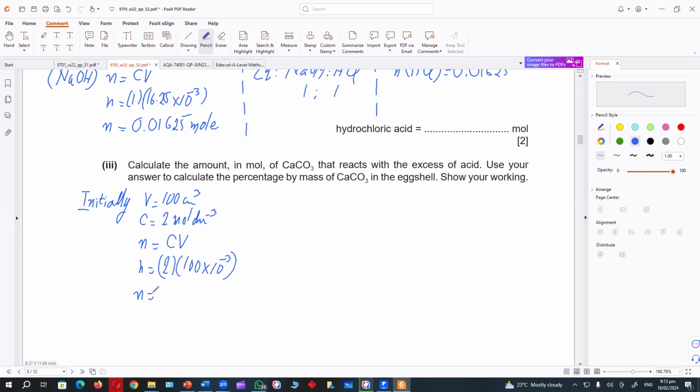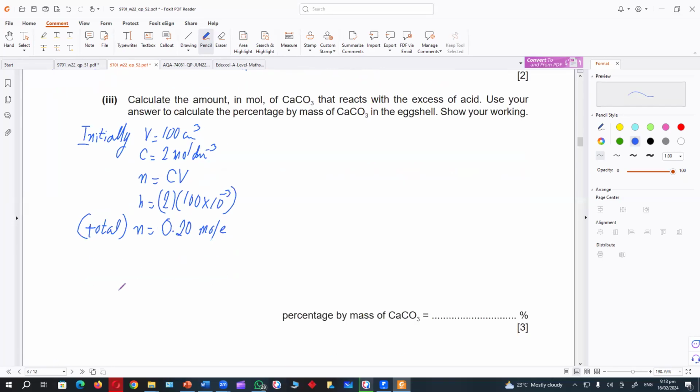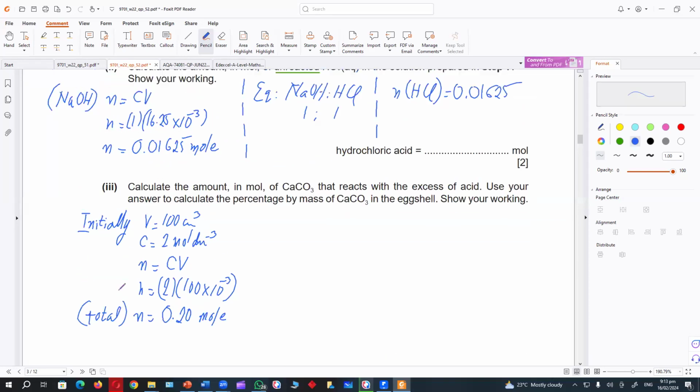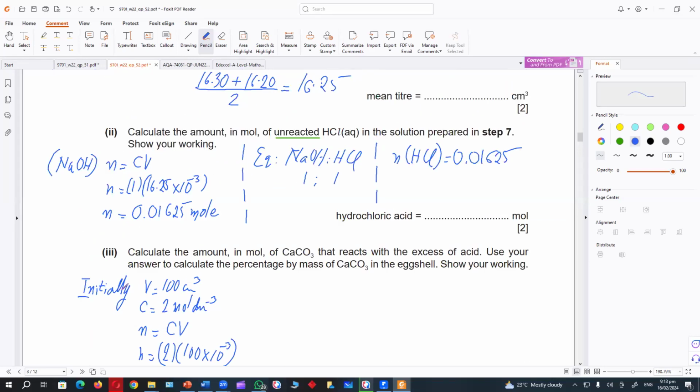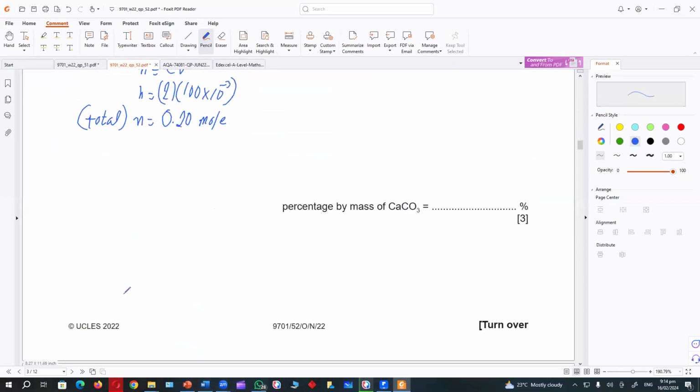How much is this? 0.2. And we know now that the unreacted moles are 0.01625.